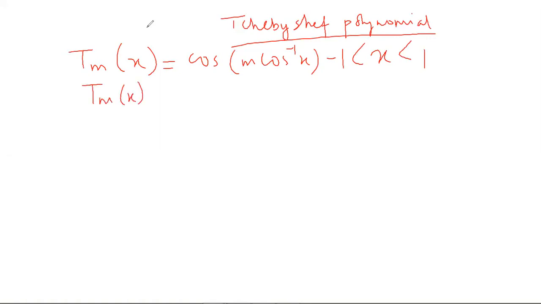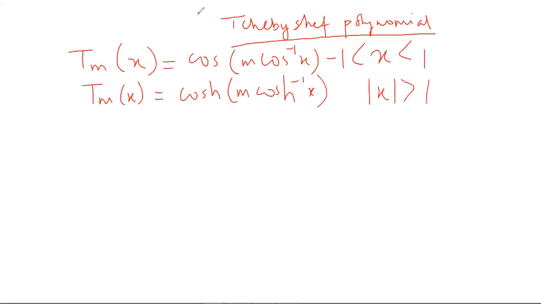And Tm(x) is equal to cosh(m cosh inverse x) when mod x is greater than 1, right?